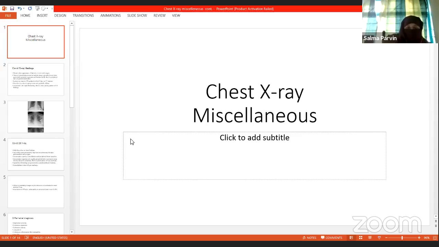Bismillahirrahmanirrahim. We are going to start this very nice morning with the rest part of the miscellaneous chest X-ray. We are familiar with some issues regarding this part of history.